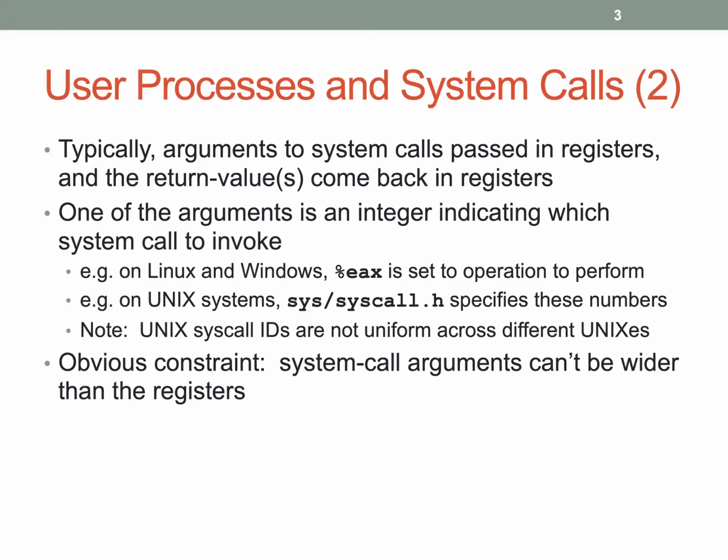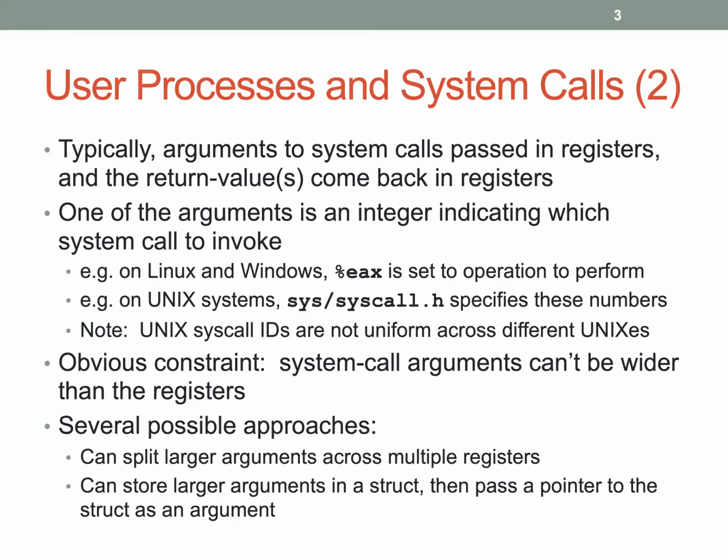And it's not like it's a difficult problem to solve, but it tends to be that the OS has to specify, here's the convention of how this works on this operating system. So larger arguments can be split across multiple registers. If my memory serves me well, that is the general Unix approach, that it'll just split a larger argument.